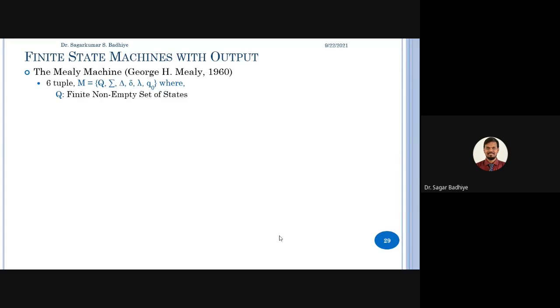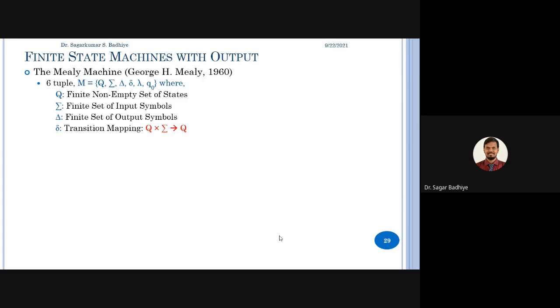That is, Q represents the finite non-empty set of states, sigma represents the finite set of input symbols, del is an additional new terminology which is used to represent the finite set of output symbols. So whatever output your machine produces, it will be produced only in terms of the symbols present in this set, represented by del.